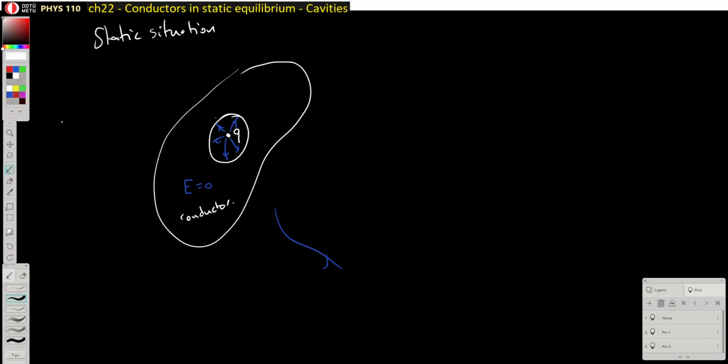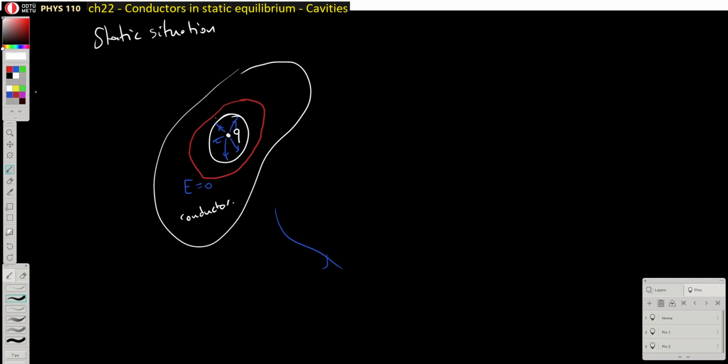The only thing we need to do is draw a Gaussian surface in here, chosen in such a way that all parts of the surface are inside the conductor, which means that at all points on the Gaussian surface the electric field is zero. So the flux is zero. However, the Gaussian surface encloses the whole cavity.